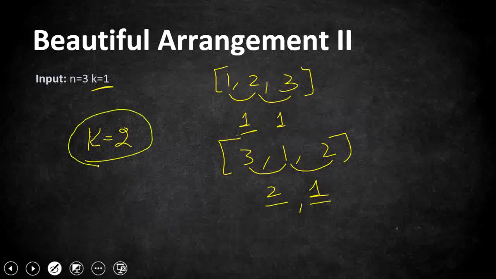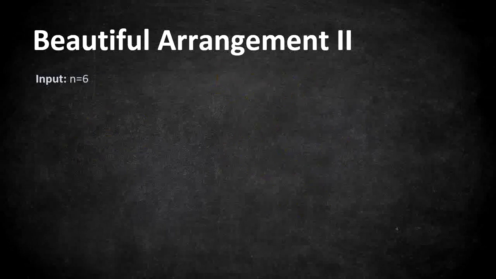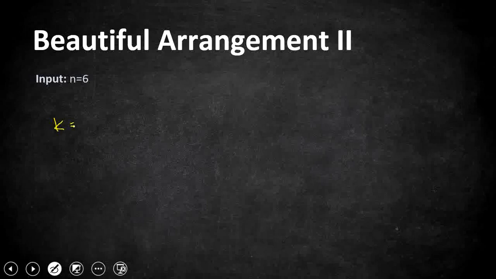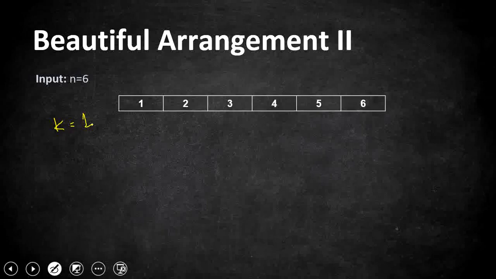So how are we going to approach this? Consider the example of n is equal to 6, then the numbers must be from 1 to 6. Now we are going to consider k as 1 first. The possible arrangements when k is equal to 1 are arranging them in sequential order, from 1 to 6, so that the difference between each adjacent number is 1.